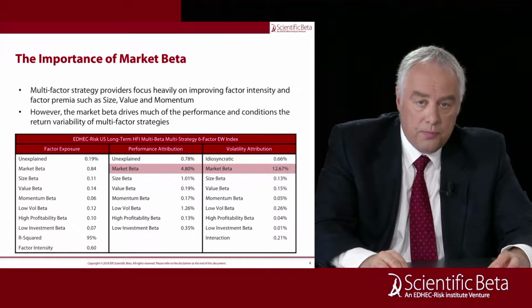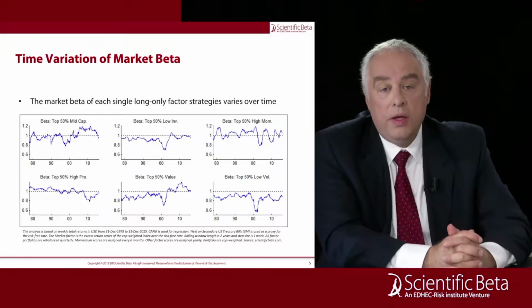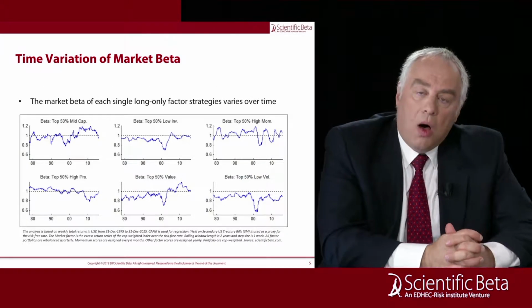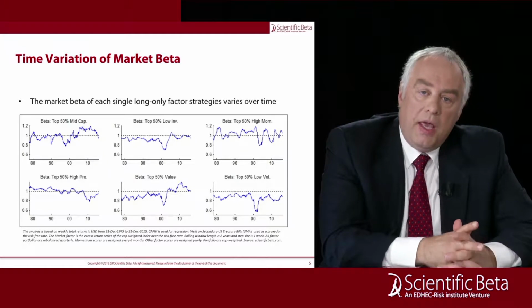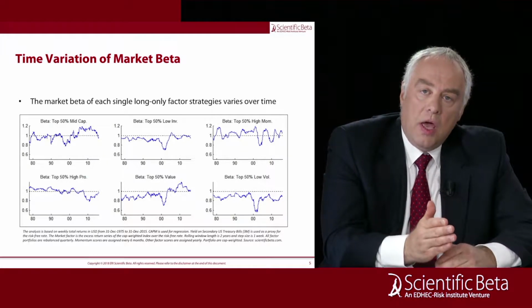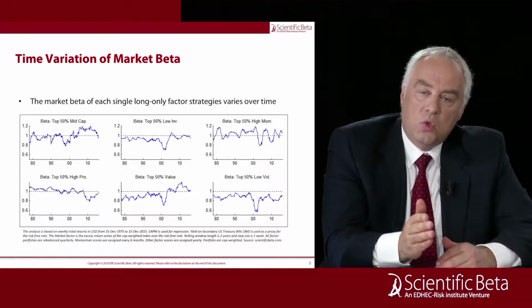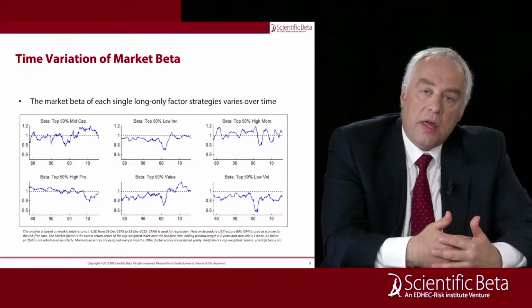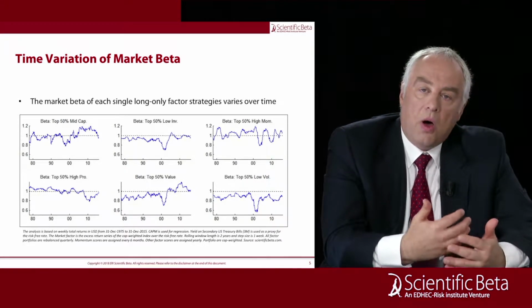defensive bias. Secondly, in addition to having a defensive bias, if we look at the market beta of individual factors through time, and here we show in this slide how the market beta varies across 6 different well-rewarded factors, we see that there is also a lot of variation over time in the market beta.